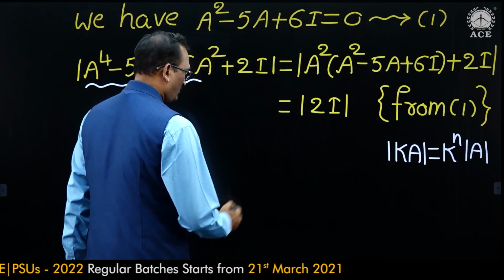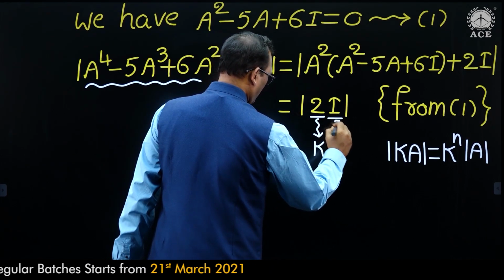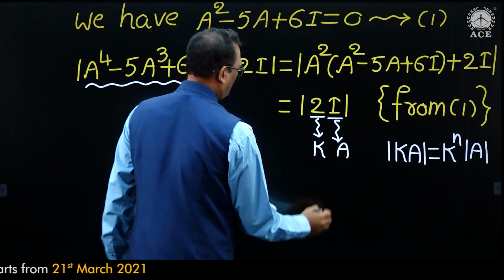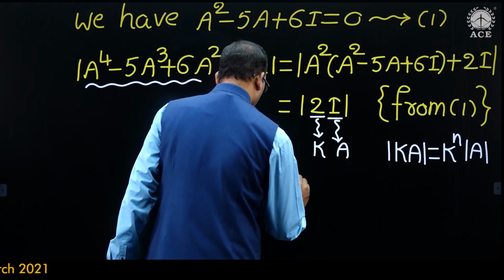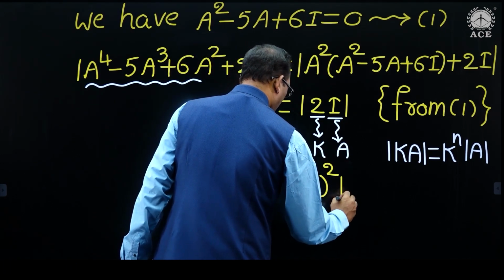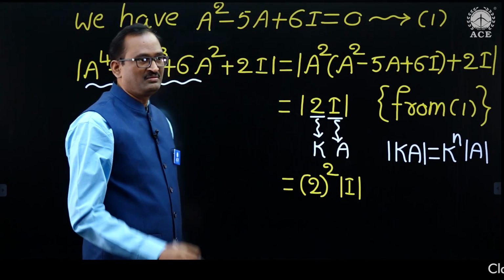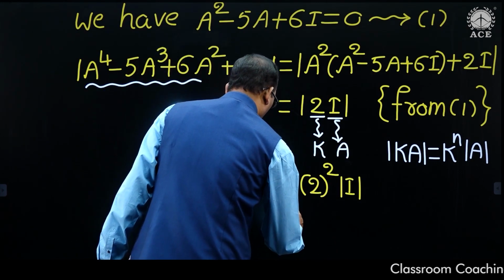Now it is in the form of the determinant of kA, that is k to the power of n, where n means the order of the matrix, that is 2, into det A. A means I. The determinant of the identity matrix is 1. So 1 into 2 square, that is 4.